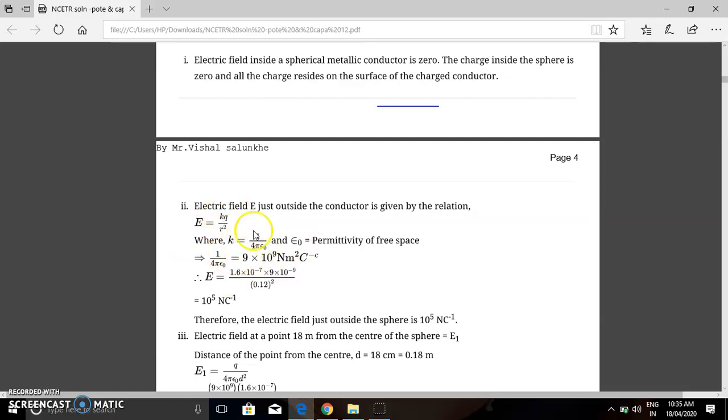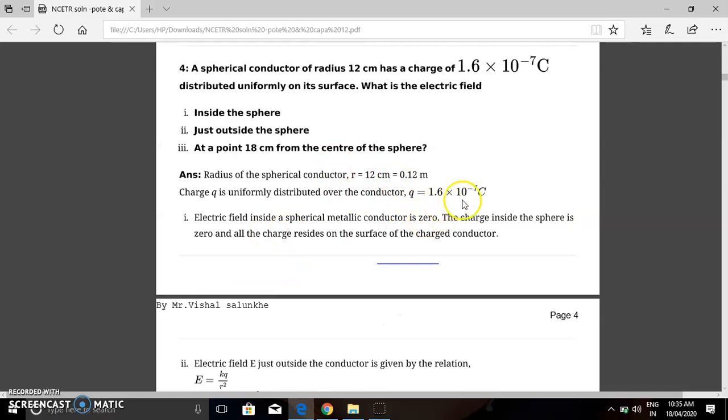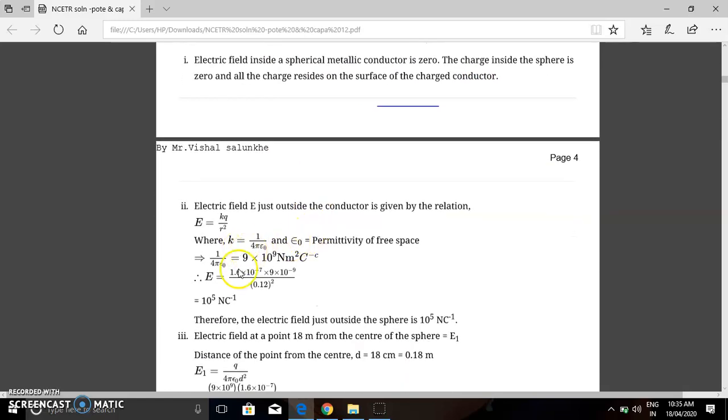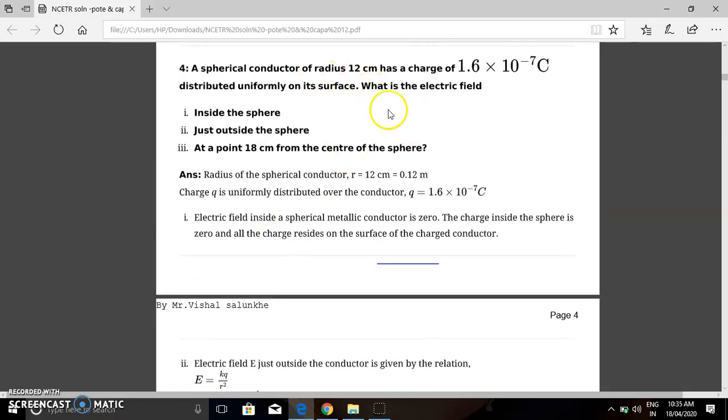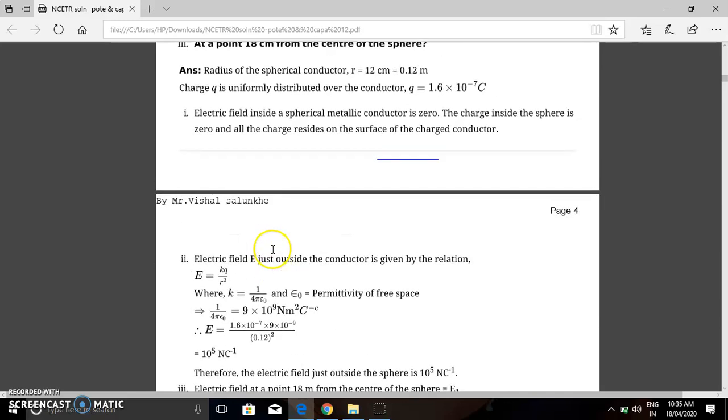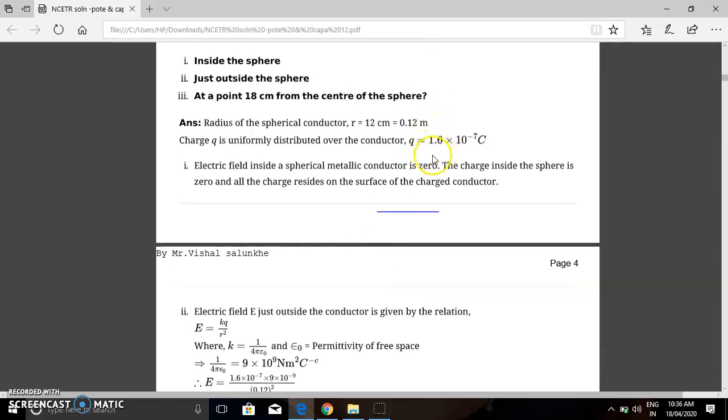So charge they have given 1.6 into 10 raised to minus 7 and distance is 12 centimeter, radius is 12 centimeter. So E just outside means equal to the radius here. That thing you have to consider. Electric field E just outside means nearly equal to the radius. So distance will take same, 1.6 into 10 raised to minus 7 coulomb only.